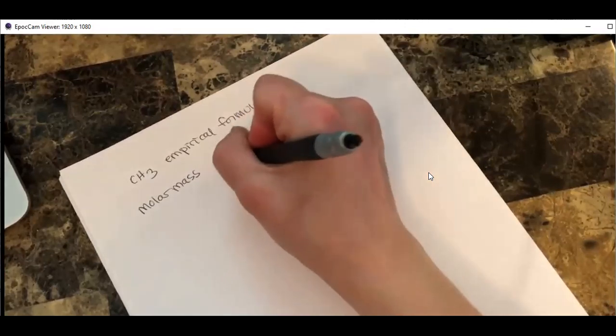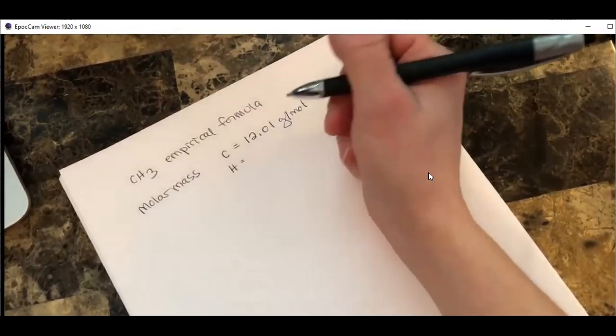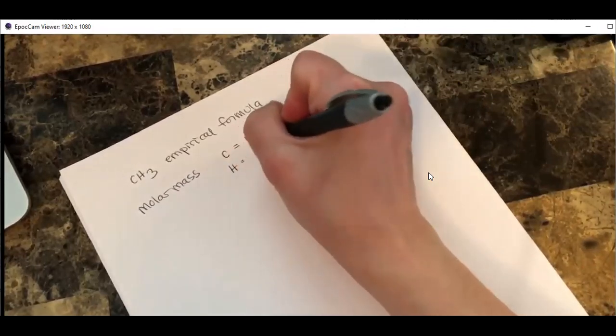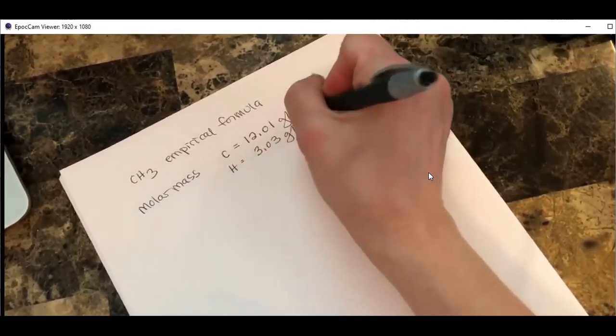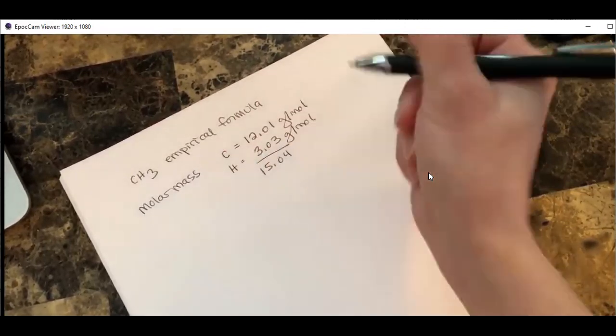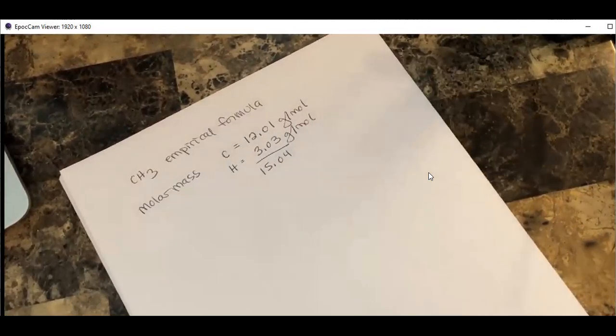And the hydrogen is 1.01 grams per mole times 3, so we have 3.03 grams per mole. Okay, so this is 15.04 for the CH3.